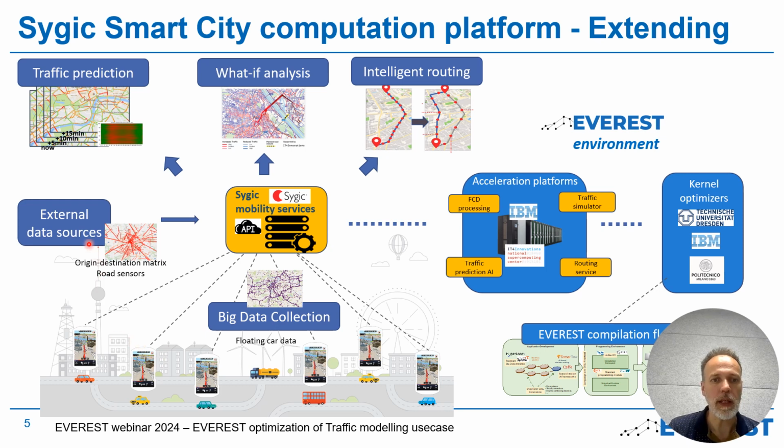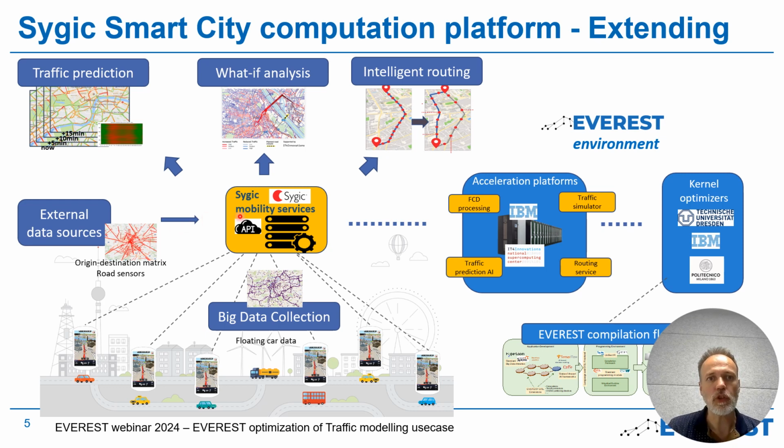And another data are from external sources, such as origin destination matrix or road sensors. Origin destination matrix are the data which define the mobility across cells in the city, so in a kind of network grid. And these data are typically possessed by mobile operators.